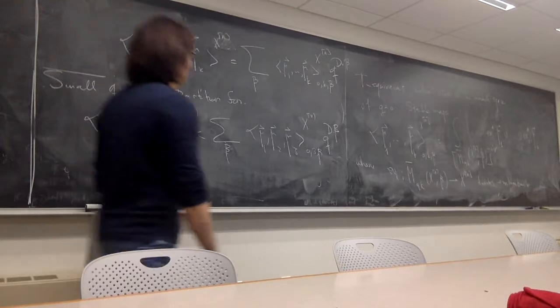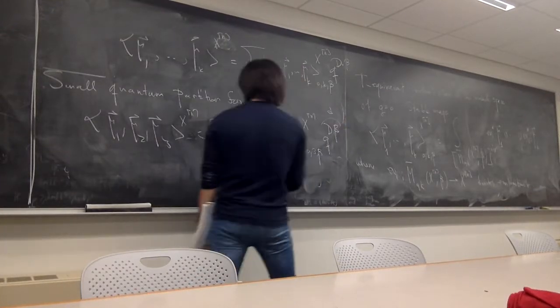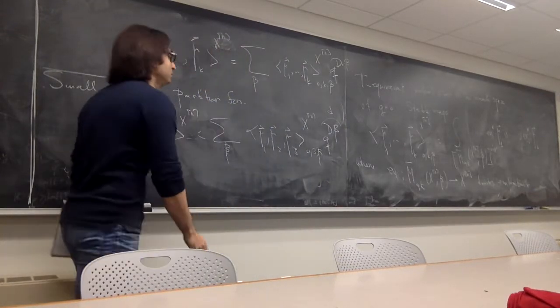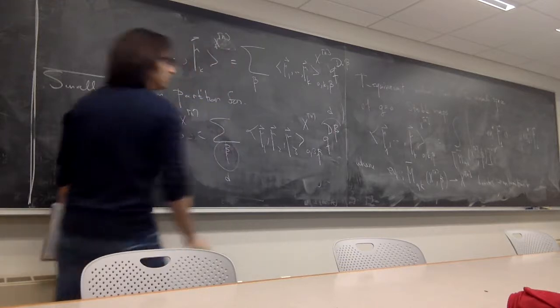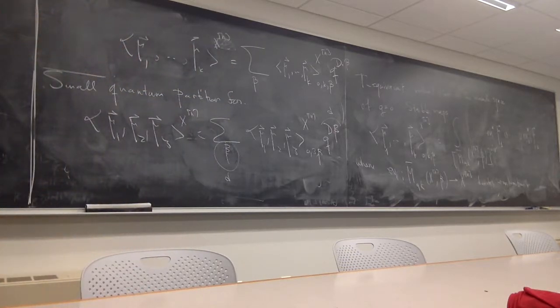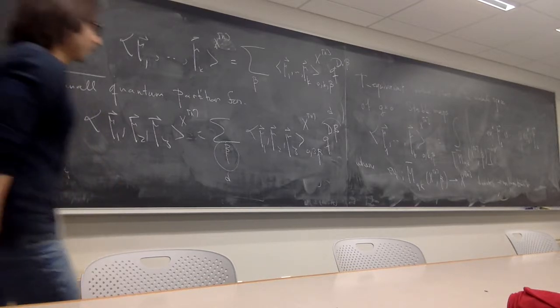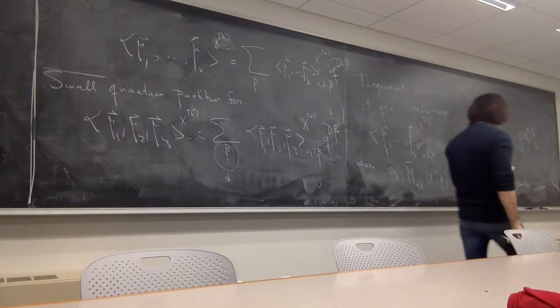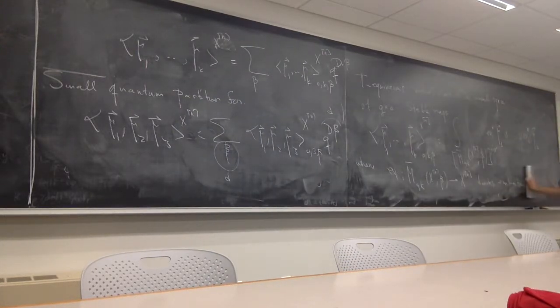And this is the degree. Sometimes they write it as a d, and instead of beta, they sum over the degree. Okay, so this is the small quantum partition function.